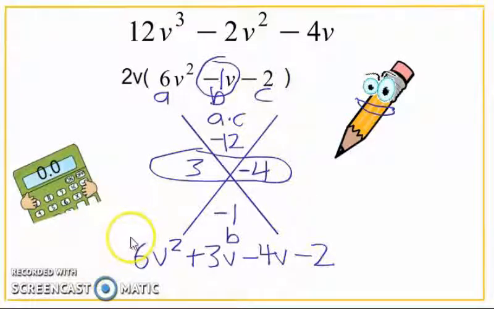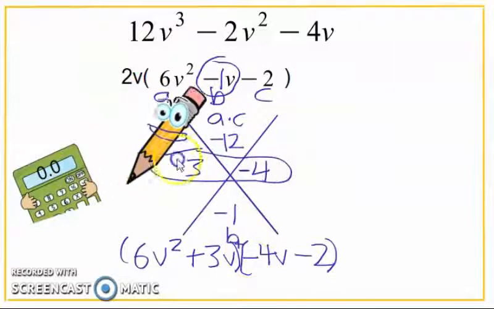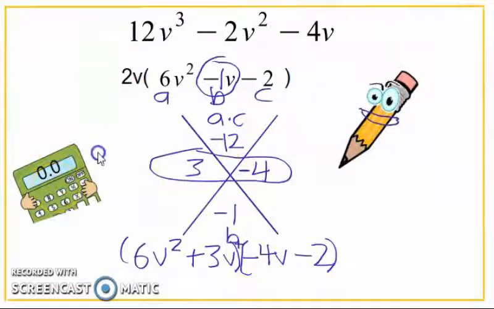Next, you will divide your 4 terms into 2 groups divided by parentheses. Your equation now looks like parentheses 6v squared plus 3v parentheses, parentheses minus 4v minus 2 parentheses.